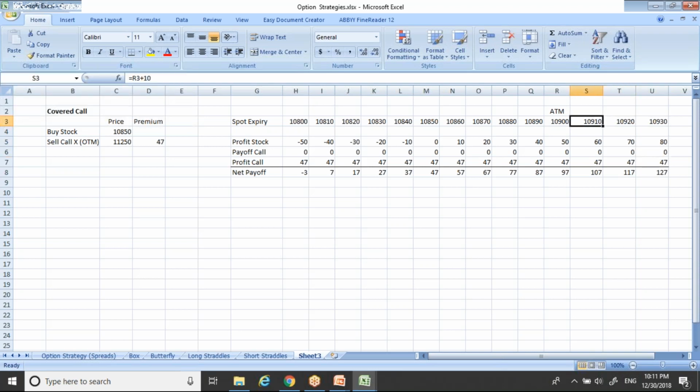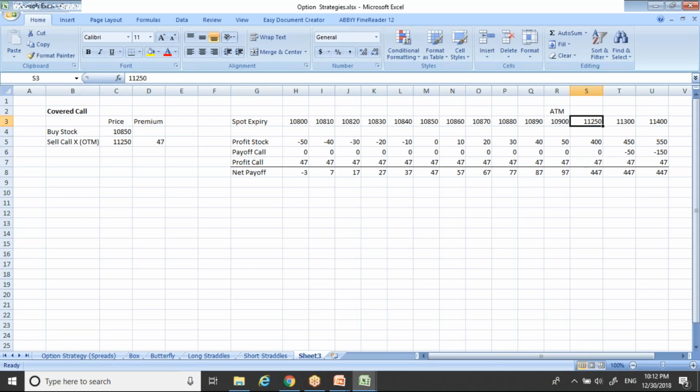Let's say if I keep it 11,250 and this is 11,300, this 11,400. Now you'll see my profits are constant. Why? Because profits from shares are offset by the losses from call options, because you're in a short position.